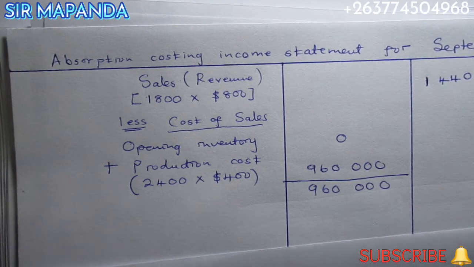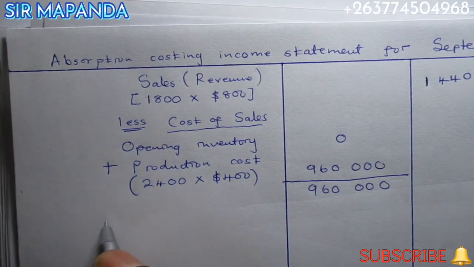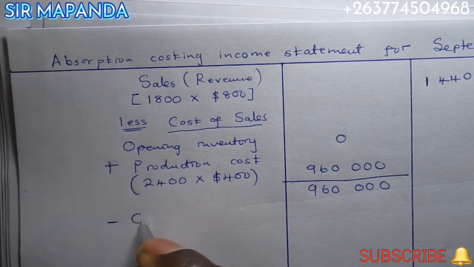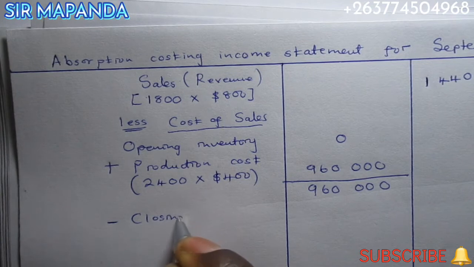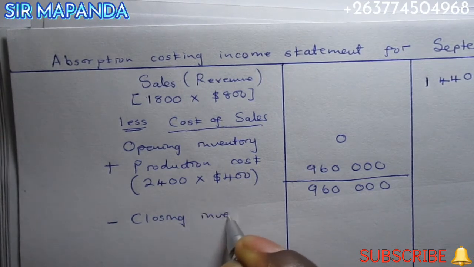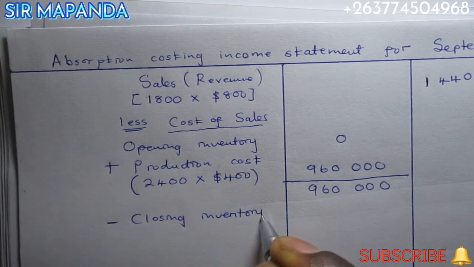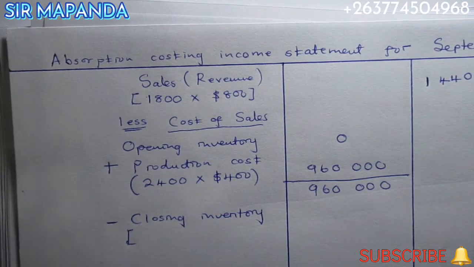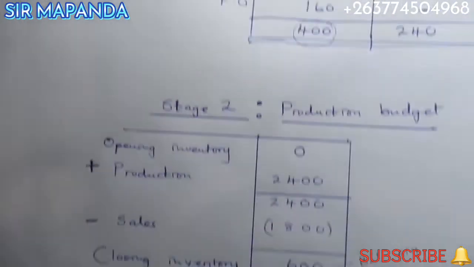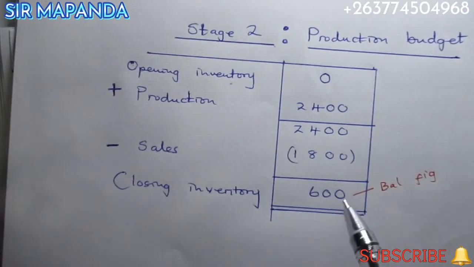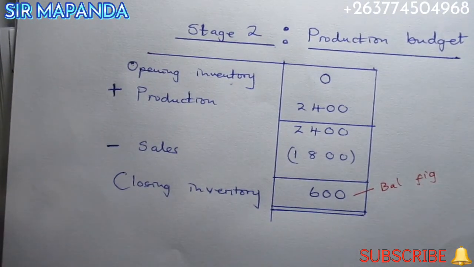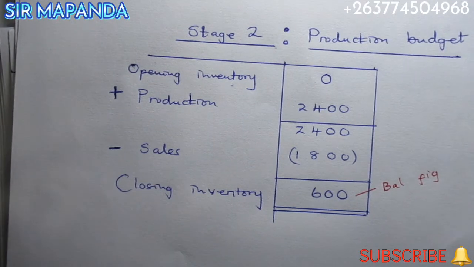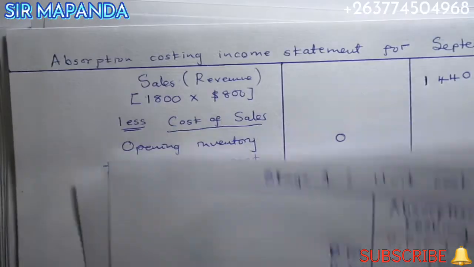So after that, we are going to deduct closing inventory. So less closing inventory. I hope you are following. So closing inventory, remember, was not given by the question, but we managed to calculate it as 600 in the production budget as a balancing figure. So for closing inventory, I'm going to write 600 units.